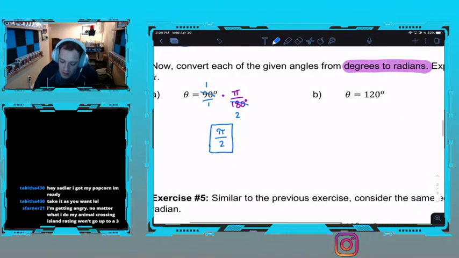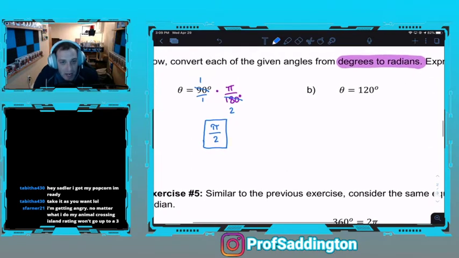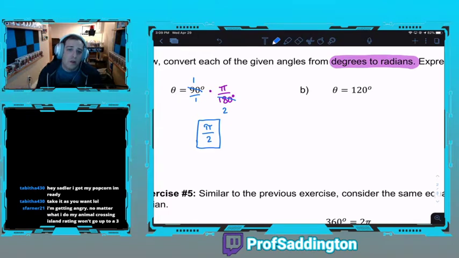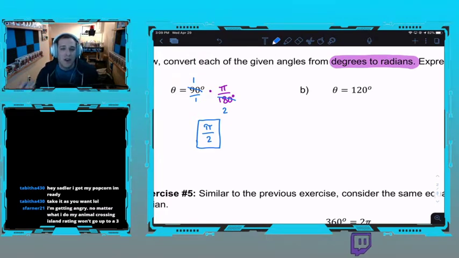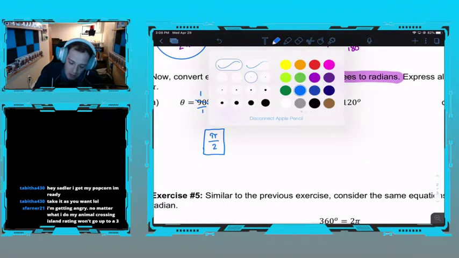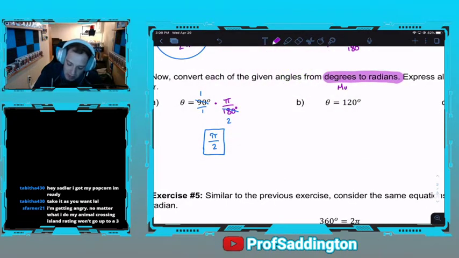Okay? So the same thing's going to happen in part B. So we have 120 degrees. Now our goal is to convert it to radians. So anytime we want to convert to radians, the rule is to just multiply by pi over 180.